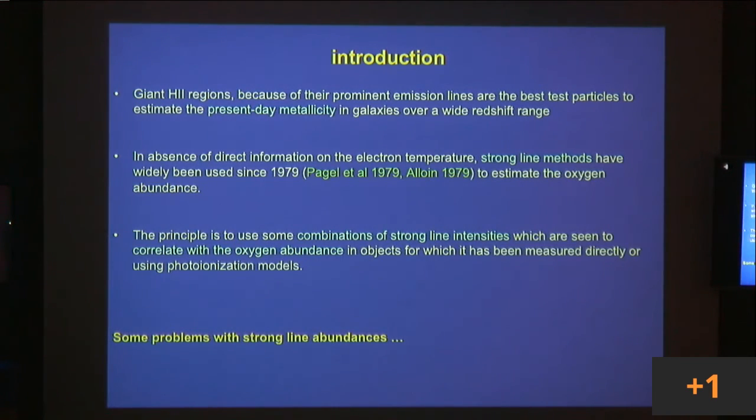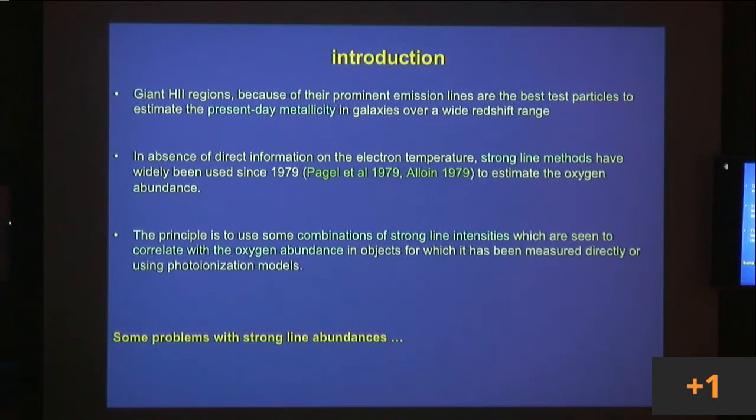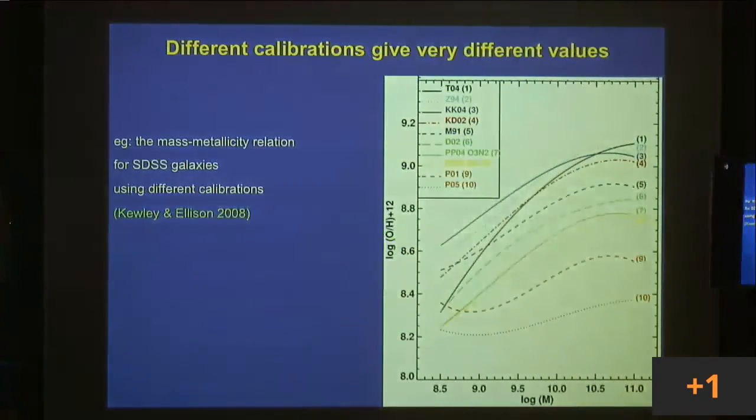And if we don't have direct information on the temperature of the emitting gas, then we use strong line methods to estimate the oxygen abundance. The idea is that we use some combinations of strong line intensities which are known to correlate with the oxygen abundance in objects for which we know the oxygen abundance. There are many problems with that.